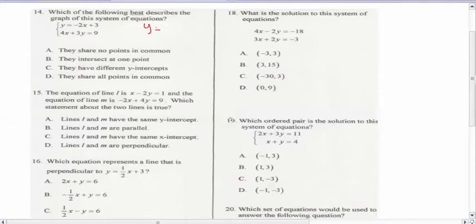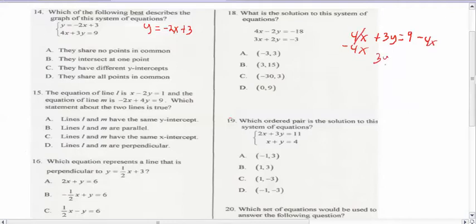So the first one I have is y = negative 2x plus 3. I need to put this one in slope-intercept form, so I'm going to work over here on the side. I have 4x plus 3y is equal to 9. Subtract 4x from both sides.